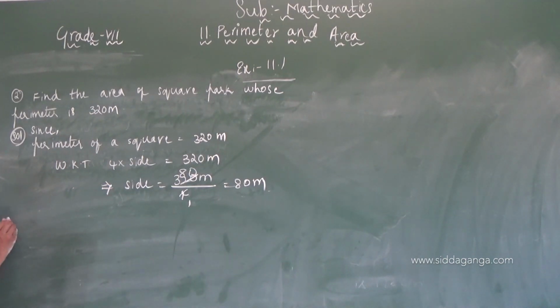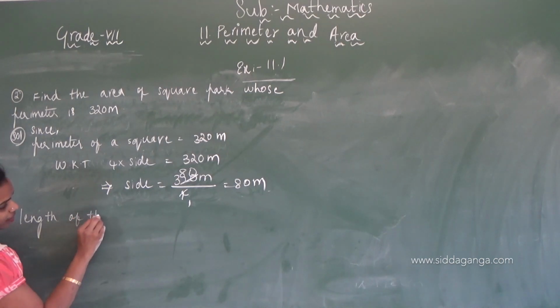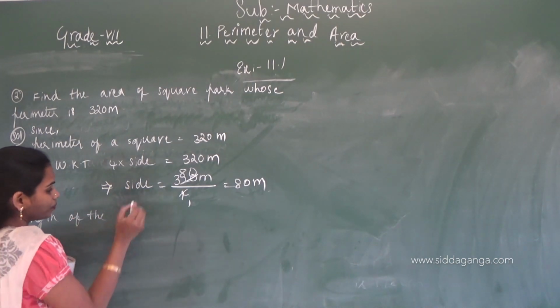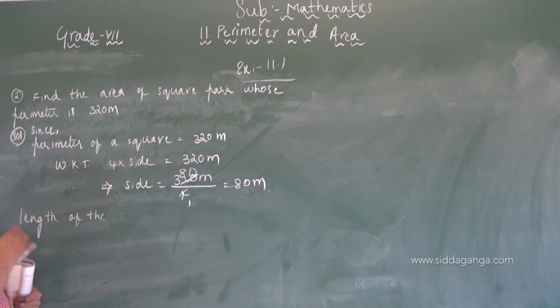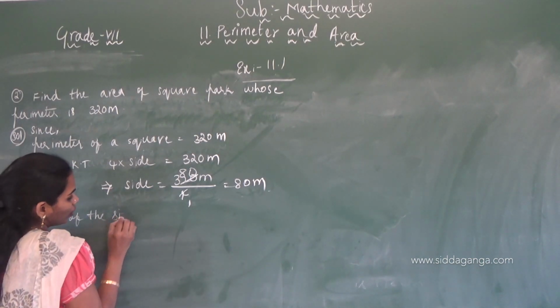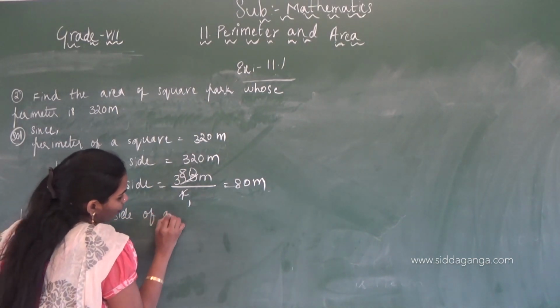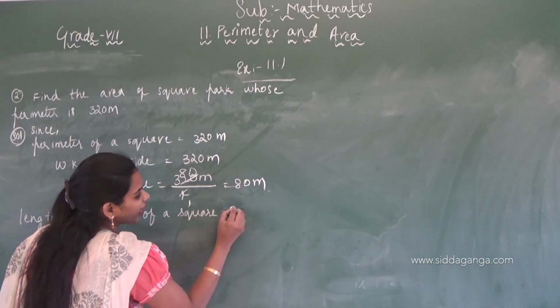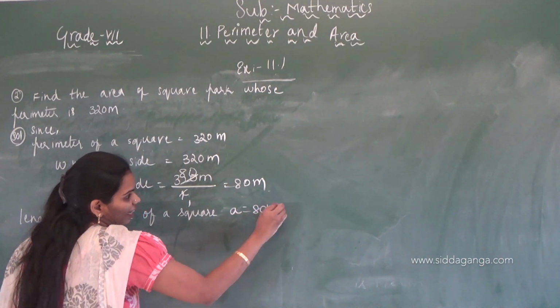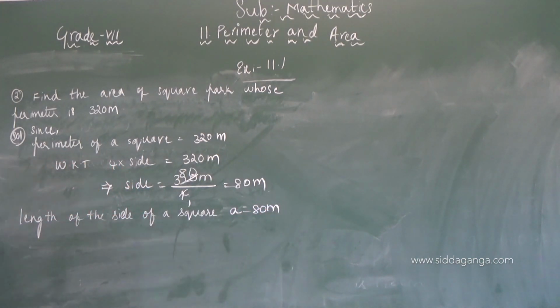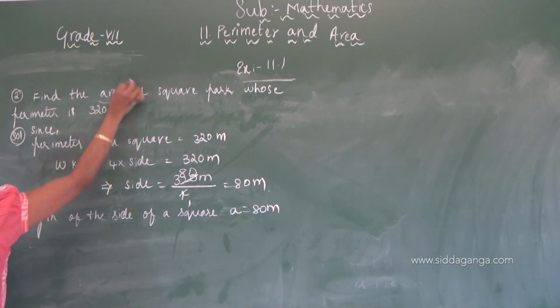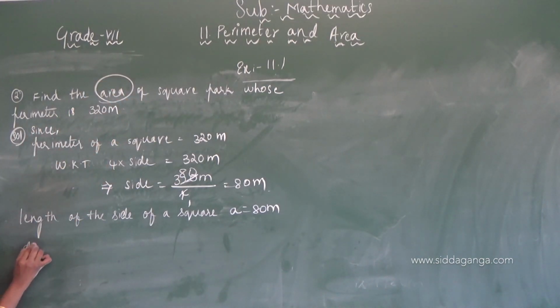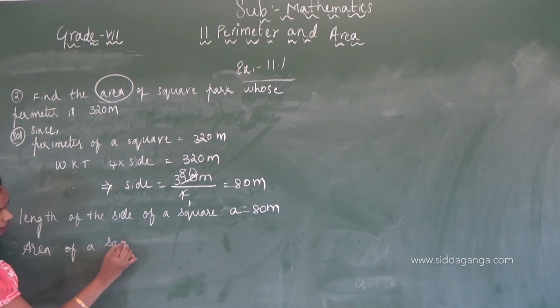Therefore, the length of the side of a square, a equals 80 meters. Therefore, what are they asking us to find? The area of a square.